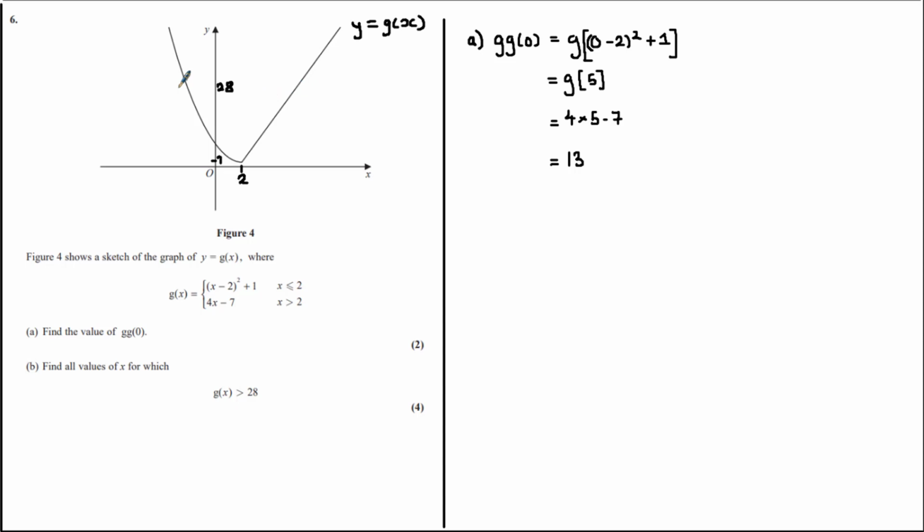Now if we map this value of y is equal to 28 back onto the graph, there would be two corresponding x values, one here and one here, showing that there are two x values when y is equal to 28. But we're not after the x value where y is equal to 28, because we've been asked to find the x values where y is greater than 28.